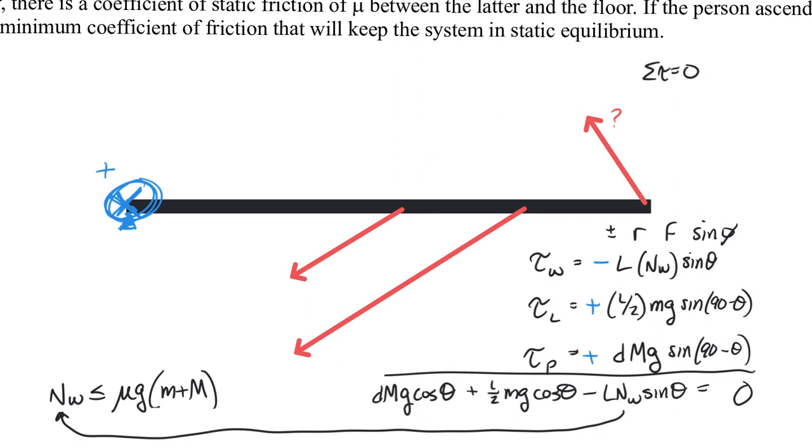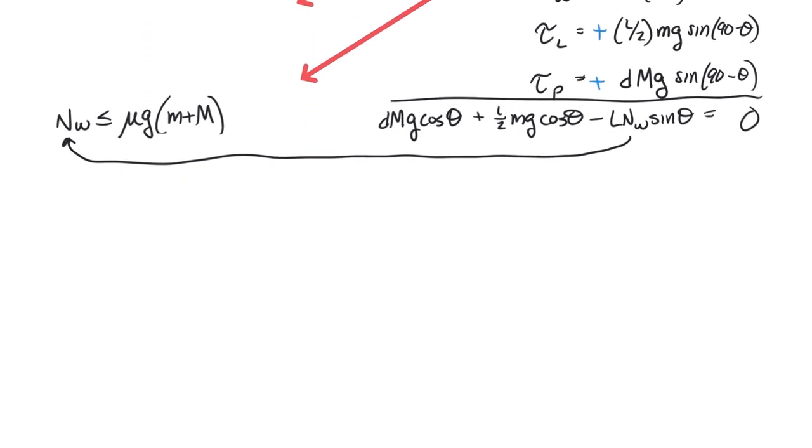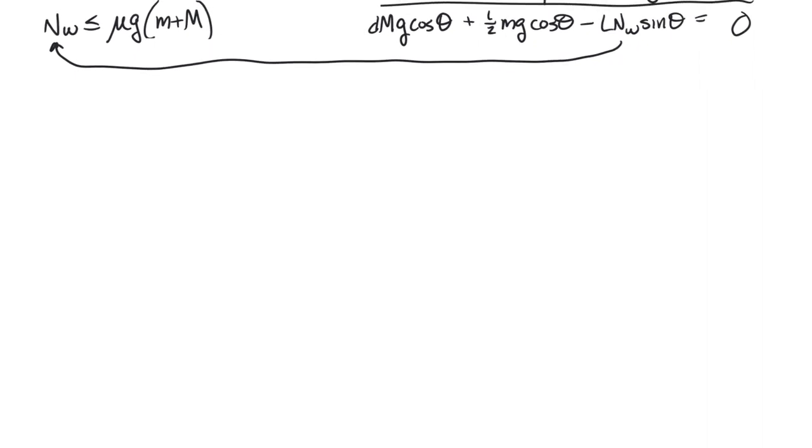Ready to keep going? All right. Here's where the problem kind of leaves the realm of physics and goes into the sanctuary of algebra. I need to solve the right side for the normal force. So first I'll move it to the other side of the equal sign. There are some things I can factor out.